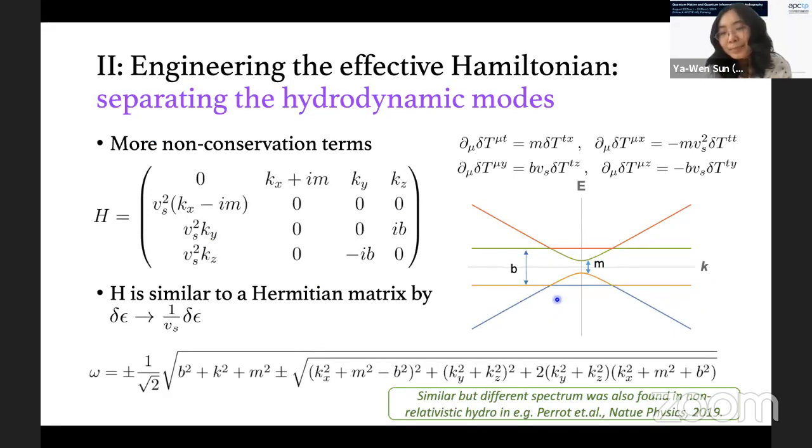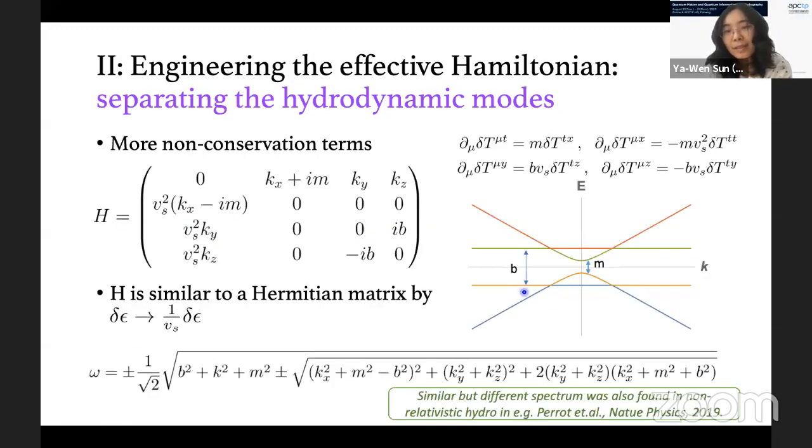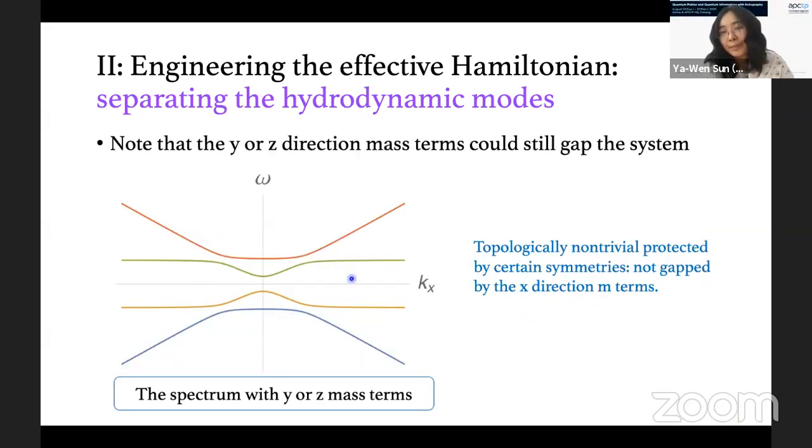And then there's an important remark here, which is that here we choose the mass term to be in the x direction. But if we choose it also in the y and z directions, so if the mass term is in the same direction as this B term, the system would still be gapped. The spectrum would look like this, and it's fully gapped. There will be no band crossings.